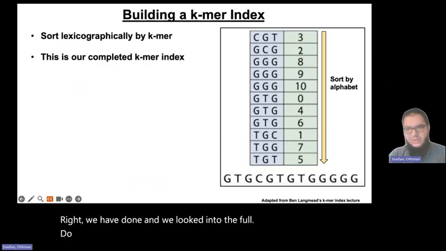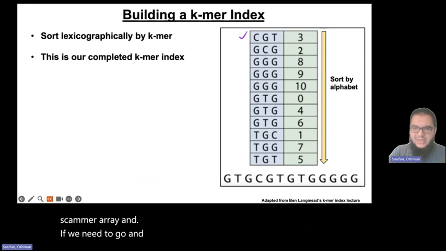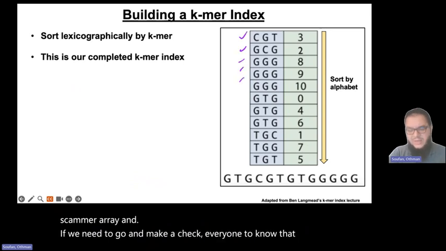We looked into the data structure before here. We used the schema index, the schema array. And if we need to go and check every one to know the locations, then we'll do n comparisons.